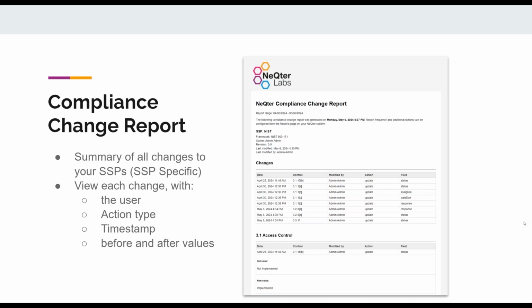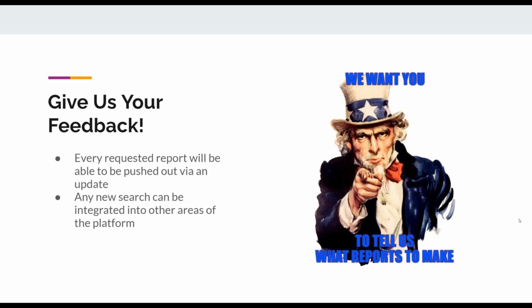And then, of course, anything that happens to your system security plan, if you want to know about updates and what they were, instead of having to access the compliance tool, click into the SSP, and then click into each subsequent AO and say, okay, what changes have occurred, or needing to create a revision to see what changes have occurred, you can grab all change log changes listed out in a nice report format. So that's that one.